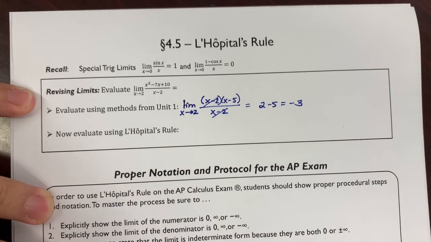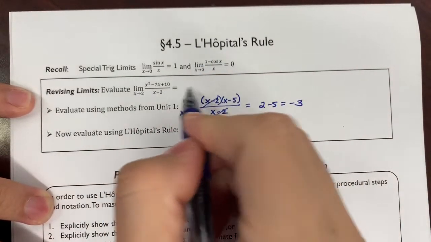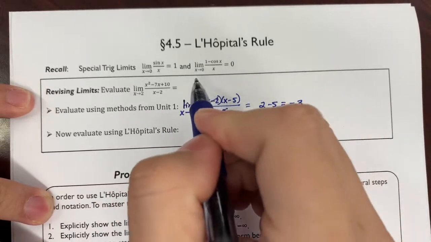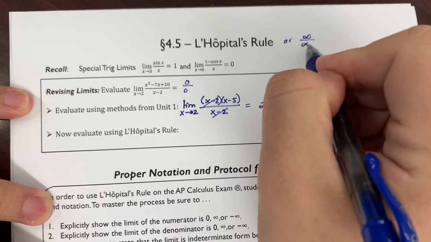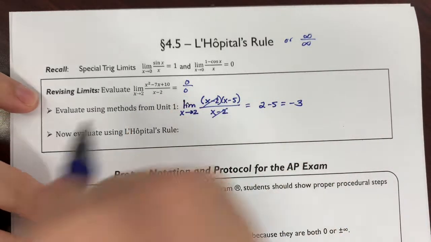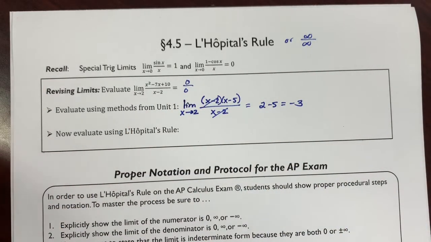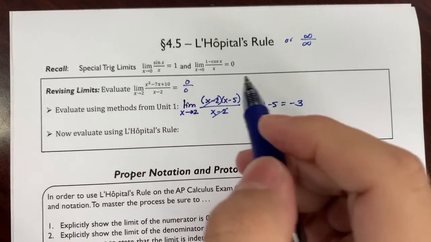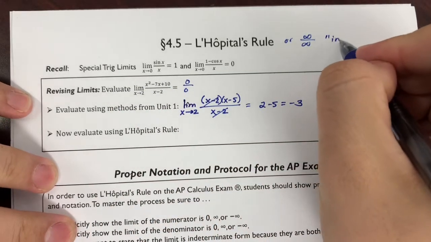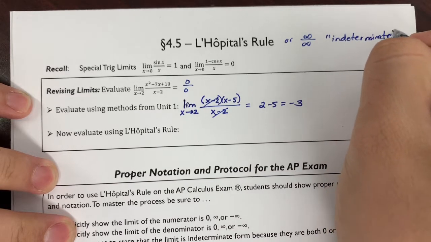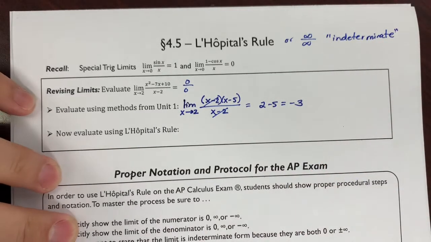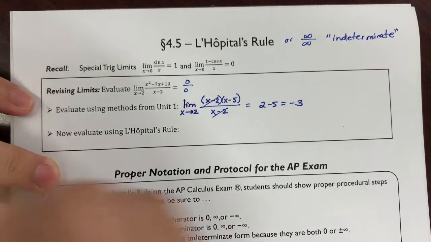Essentially, if we have something that's 0 over 0 or infinity over infinity whenever we plug in whatever x is approaching into our function, this is considered to be indeterminate. Whenever you have an indeterminate limit, you can use L'Hopital's rule.